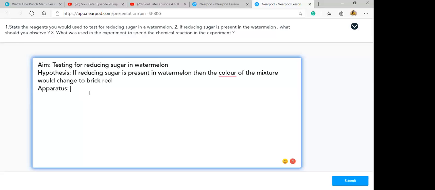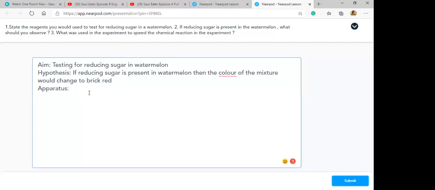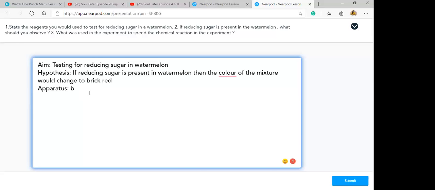All right. The apparatus would be a beaker, comma, tripod stand.